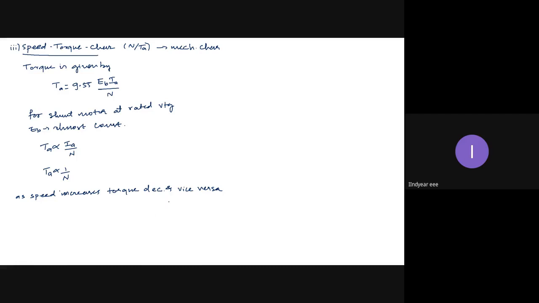But in a DC shunt motor, speed remains almost constant.